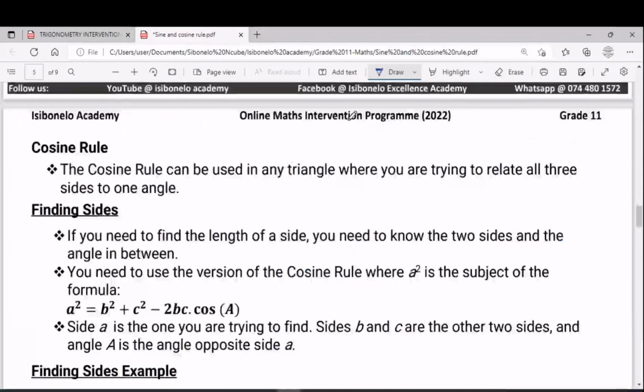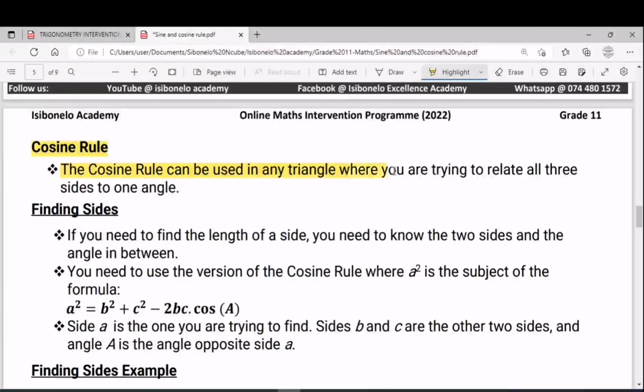So the cosine rule is much easier. The cosine rule can be used in any triangle where you are trying to relate all 3 sides to one angle.